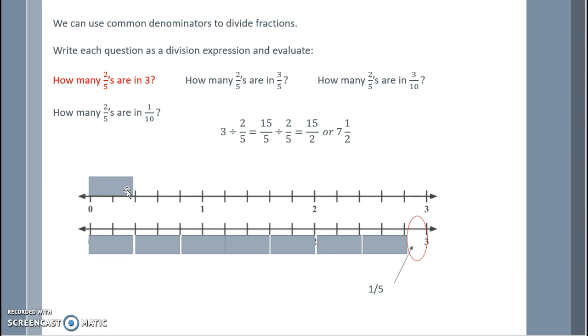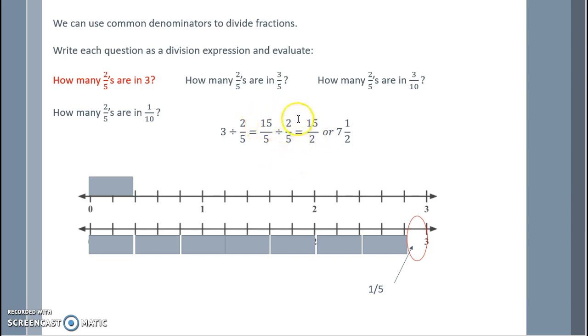Now, what we also could do is turn that 3 into 15/5. If I were to split my 3 into fifths, we'd have 1, 2, 3, up to 15. Okay, and I'm computing 15/5 divided by 2/5.